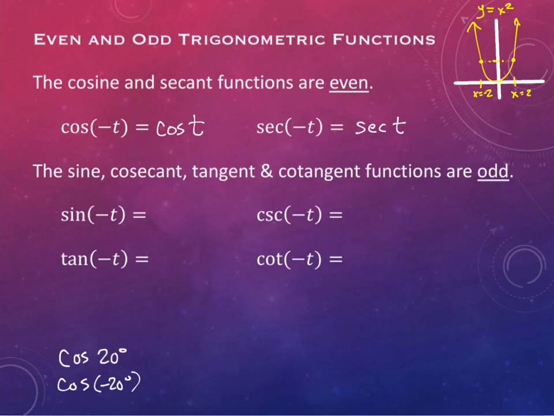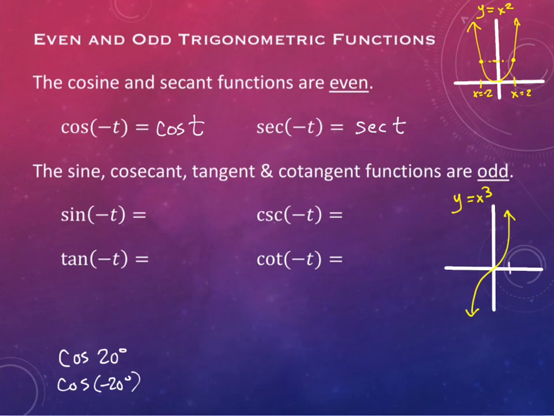The other 4 functions are what are called odd functions. In odd functions, the input's sign matters. But all it does is change the output to be negative when it would have been positive, or positive when it would have been negative. So a graph that you've seen before that does this is y equals x cubed. It looks something like this.